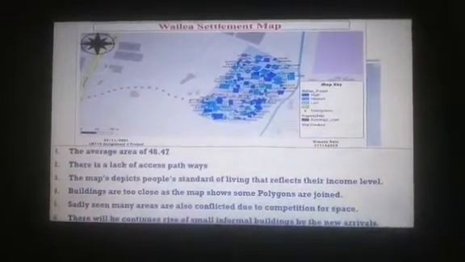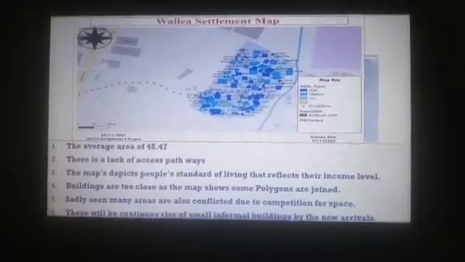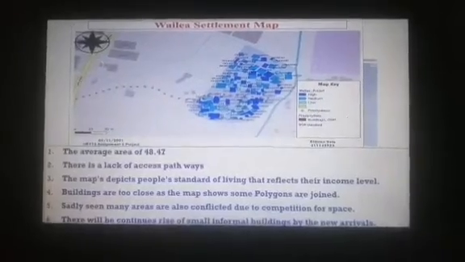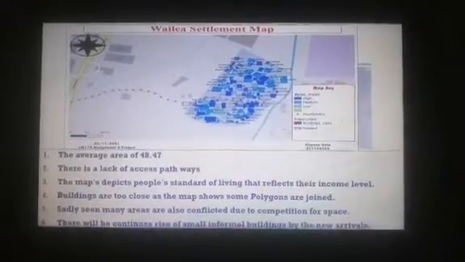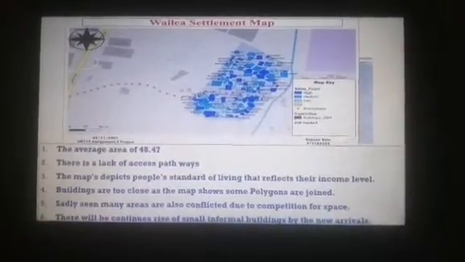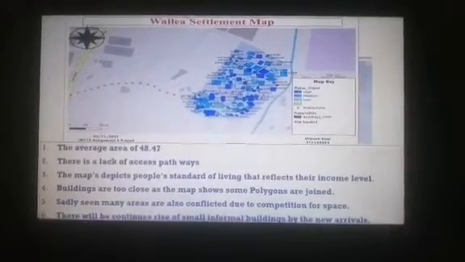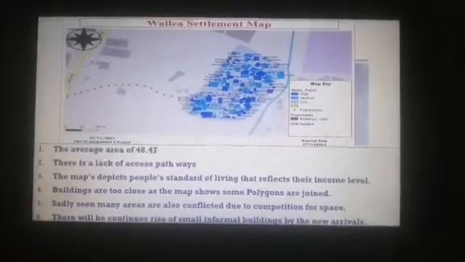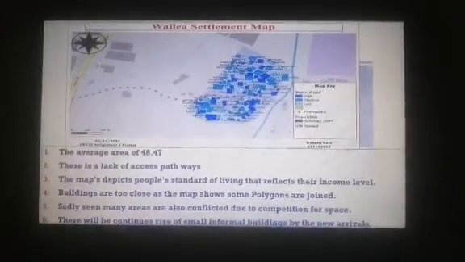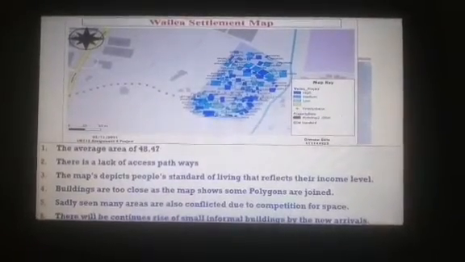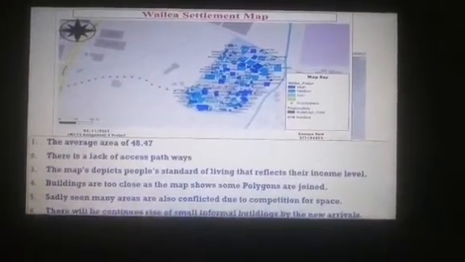However, those with secondary education earn a higher amount of money than primary learners, ranging from 5,000 to 10,000 and 10,000 to 15,000, which assists them to own and also share water and electricity. Higher learners have a good standard of living because their income can afford them their own water, electricity, and proper sanitation. Therefore, income people earn determines their standard of living within Wailea settlement.